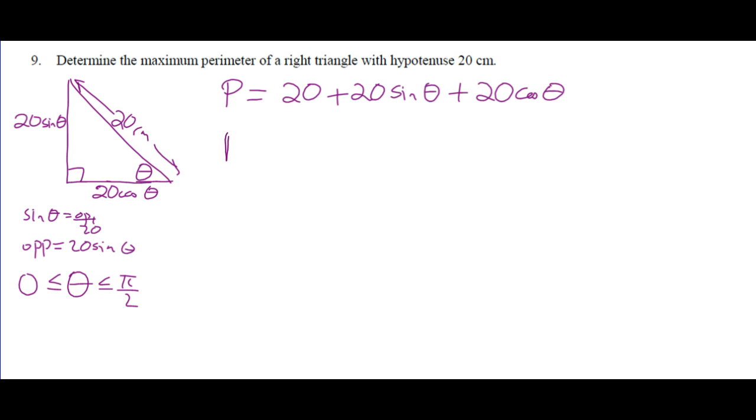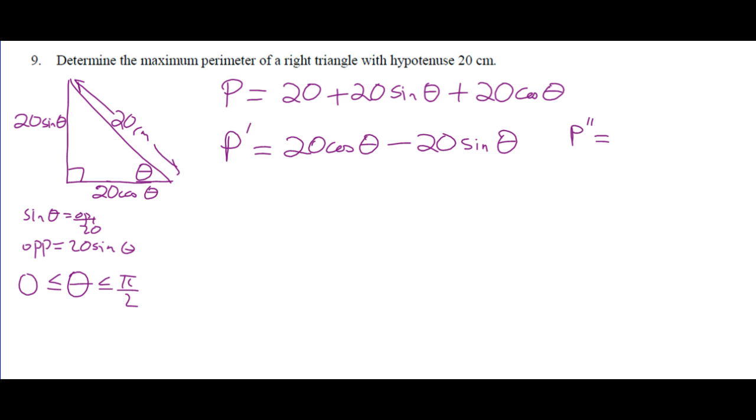Well, let's take the derivative of the thing we're trying to maximize. So p prime is 20 cos theta minus 20 sine theta. And while we're at it, we can do the second derivative; it's not that hard for this.